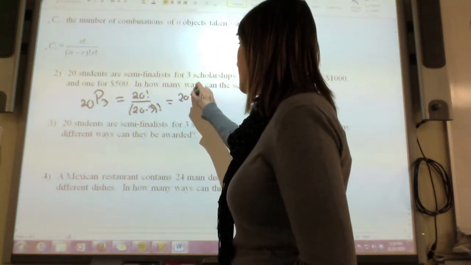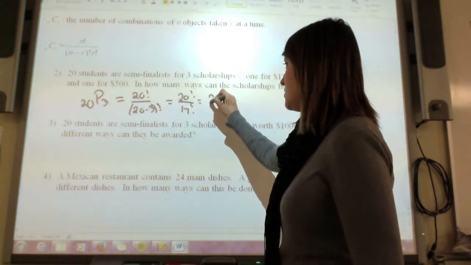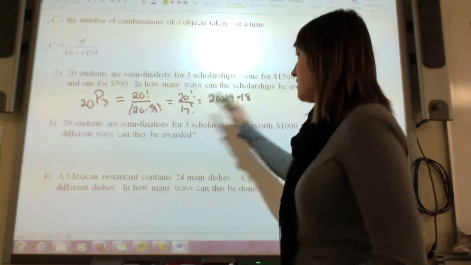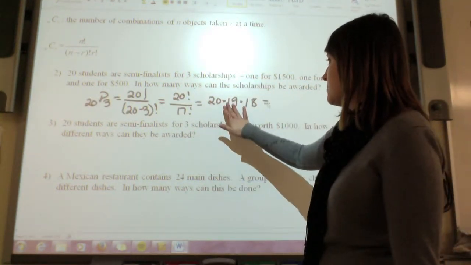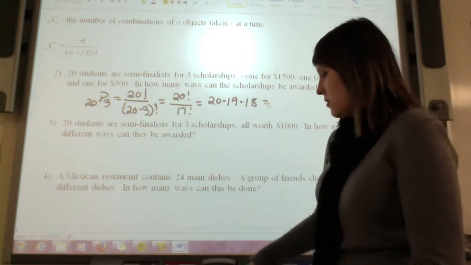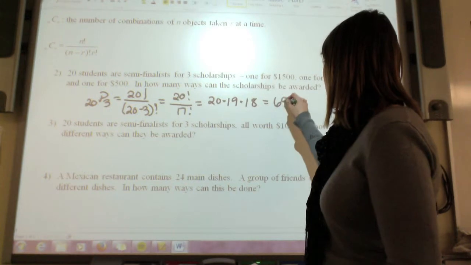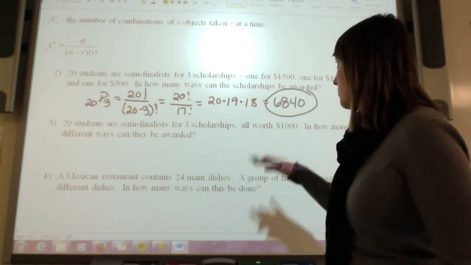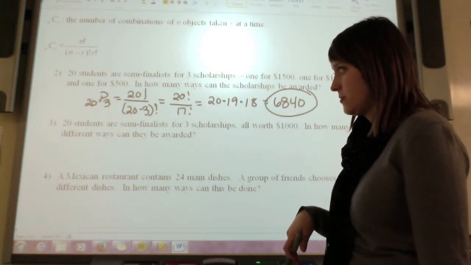So this is 20 factorial over 17 factorial, which remember, that's just 20 times 19 times 18. Once you get down to 17, they'll both cancel out. Alright, so I've got 20 times 19 times 18. When I put that into my calculator, I get a total of 6,840 ways that those 3 students could be awarded these scholarships.